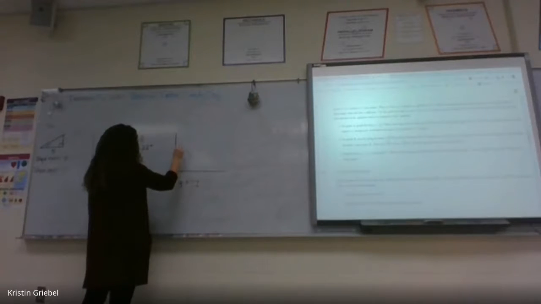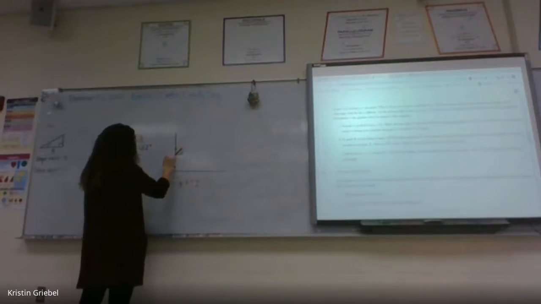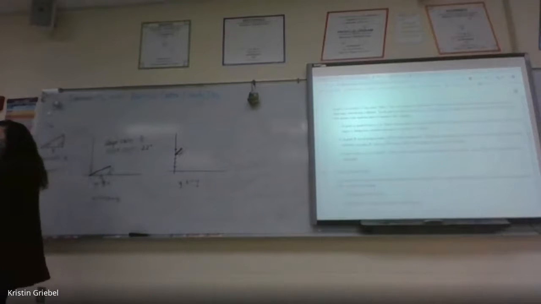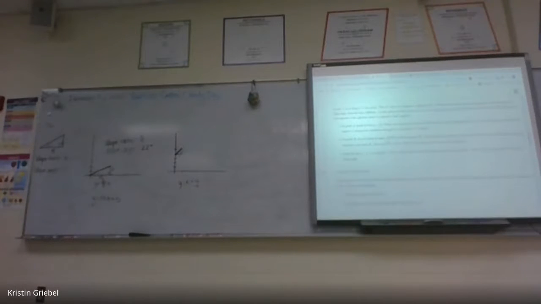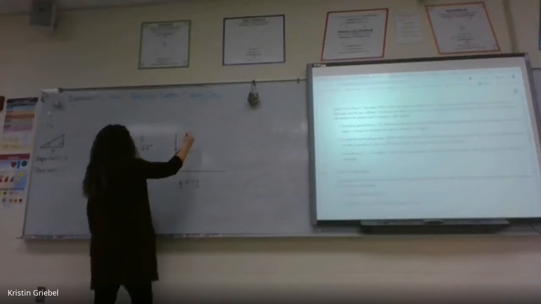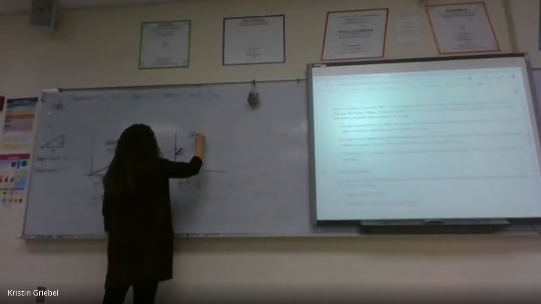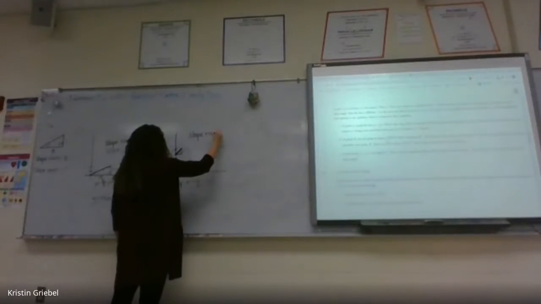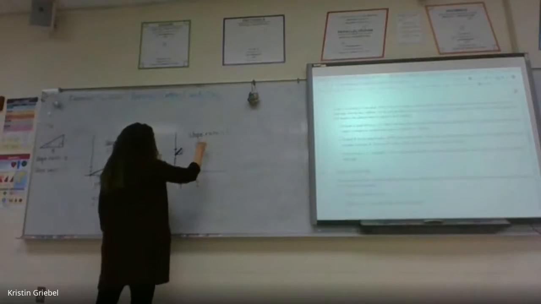I have a slope of 1 over 1, right? The change in y is going to be 1, the change in x is going to be 1. So what's my slope ratio? 1. I'm just going to write it as slope ratio of 1.